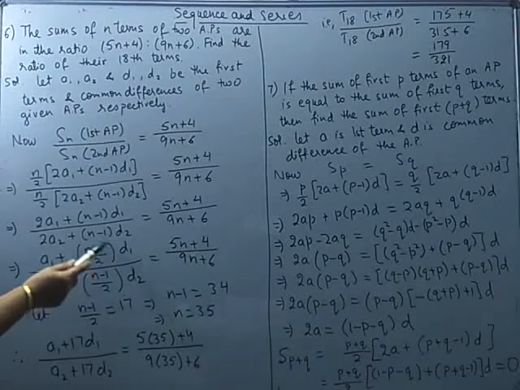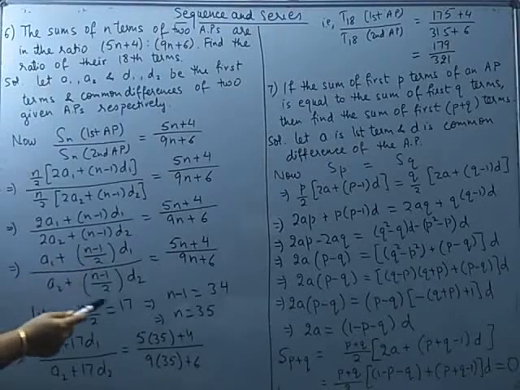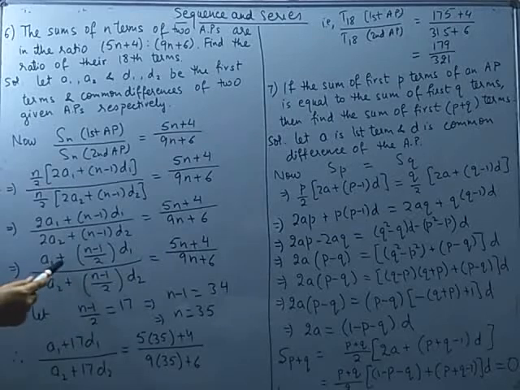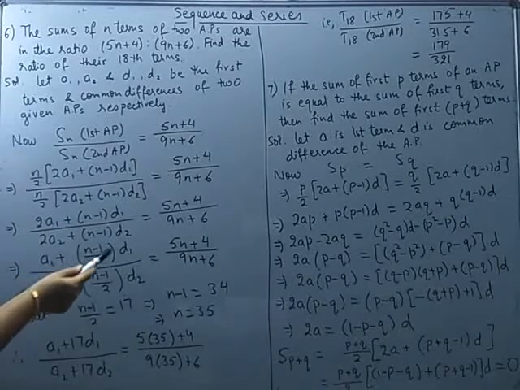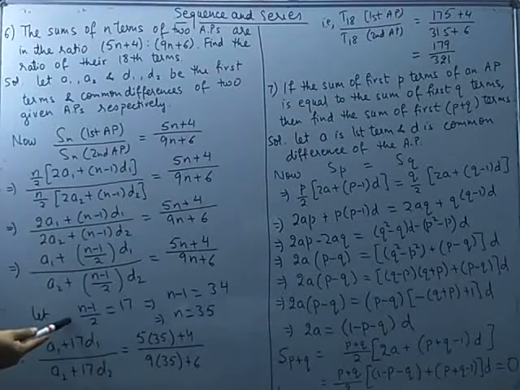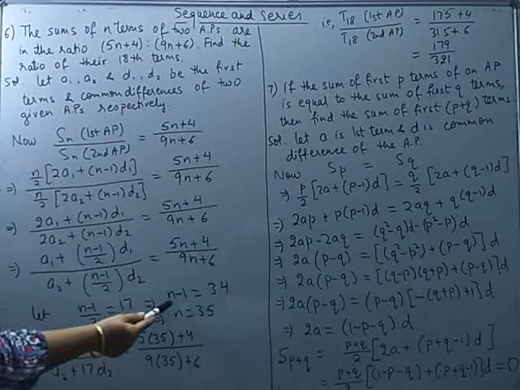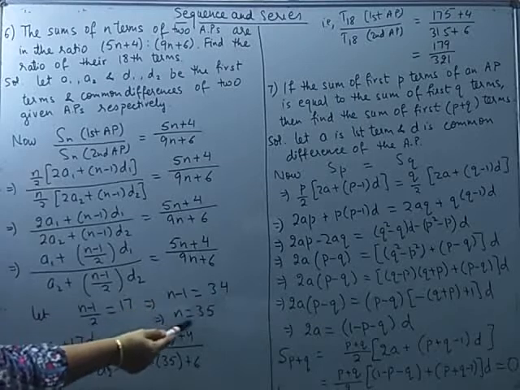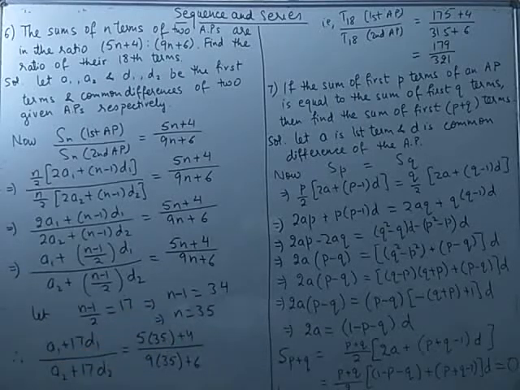So if this gets replaced by 17, then this will become A1 plus 17 D1, and this will become A2 plus 17 D2, and the required ratio can be obtained. So we will find what n should be so that this whole thing becomes 17. That we can do by setting (n minus 1) by 2 equal to 17, which gives us n minus 1 is 34 and n is equal to 35.